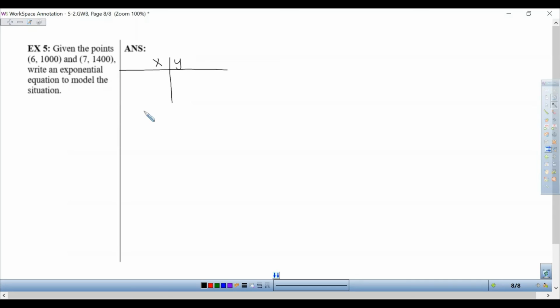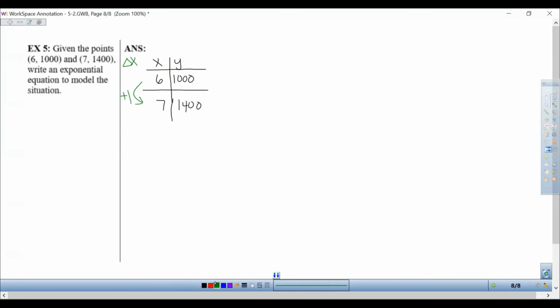So I left some space on purpose. My X value at 6 has a Y of 1,000, and my X value at 7 has a Y of 1,400. My line doesn't need to go all the way over there, but I need the space. What I want to think about is my change in X, which means what am I adding or subtracting to get the next X value, which in this case is 1. Okay, so this needs to be 1 for this to work.